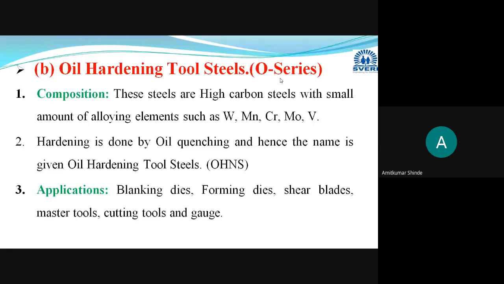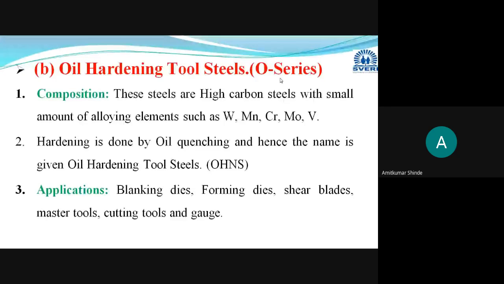Now, first point you have to write the composition. If you are not able to remember the exact percentage of carbon, then you can also write: high carbon steels. Depending on the range, you can write. Otherwise, you have to mention the exact percentage, that is, carbon will be there from 0.6 to 1.5.